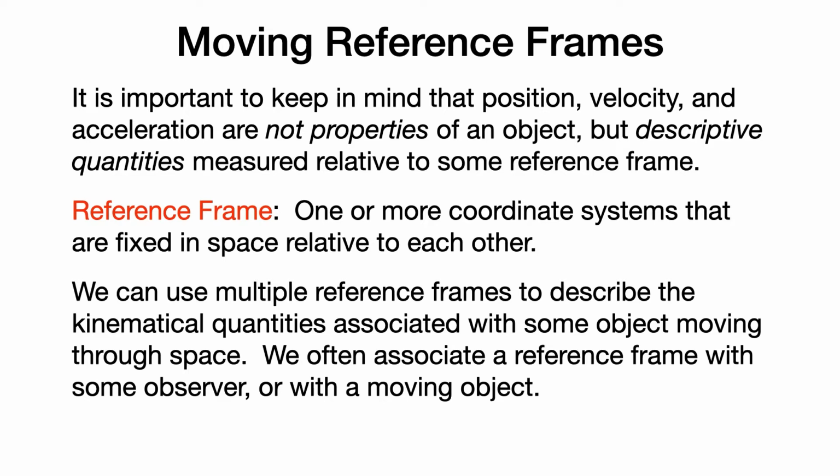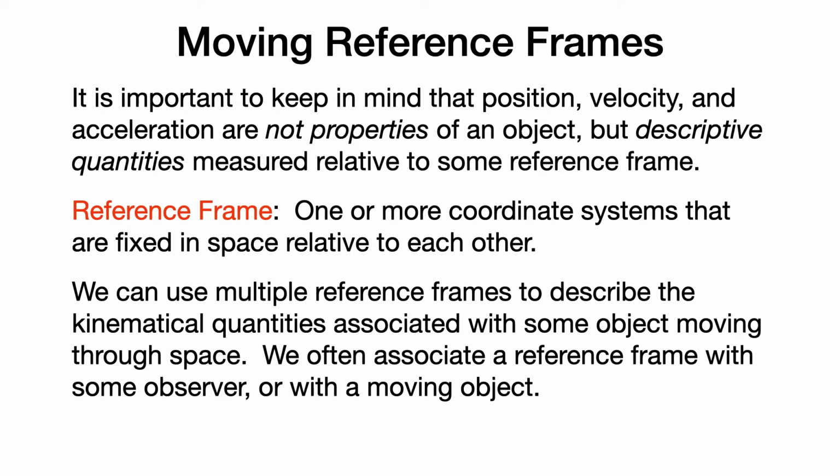Now we can use multiple reference frames to describe the kinematical quantities associated with some object moving through space. We often associate a reference frame with some observer or with a moving object. So in addition to the reference frame of you sitting in a laboratory, maybe there is a train passing by outside your window, and somebody is sitting on the train, and they have a reference frame which is fixed relative to the moving train.